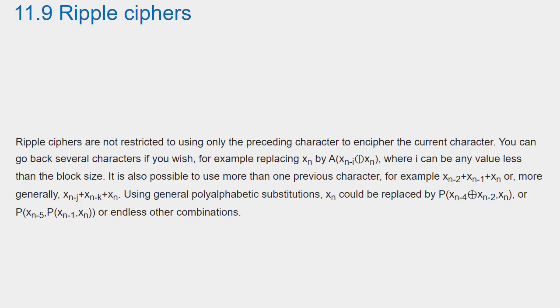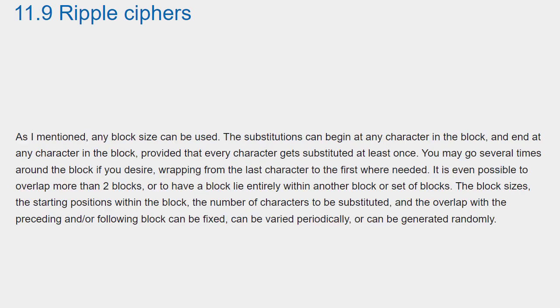It is also possible to use more than one previous character, for example xn-2 plus xn-1 plus xn, or, more generally, xn-j plus xn-k plus xn. Using general polyalphabetic substitutions, xn could be replaced by this, or endless other combinations.